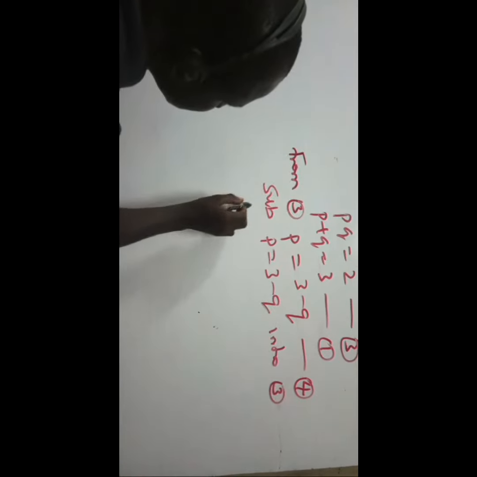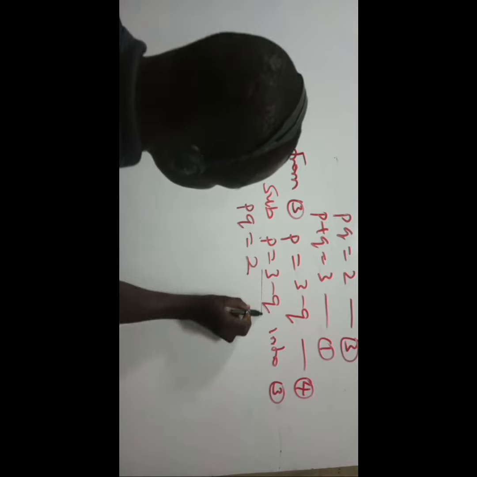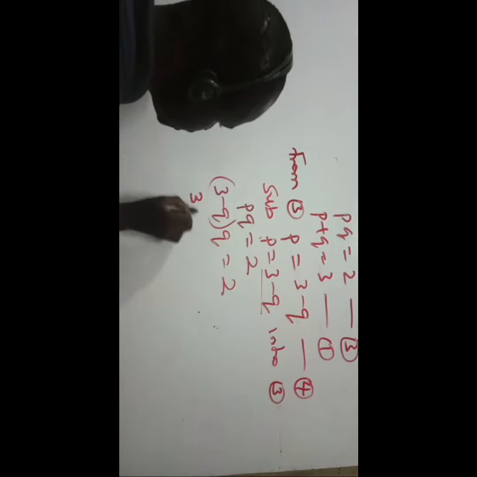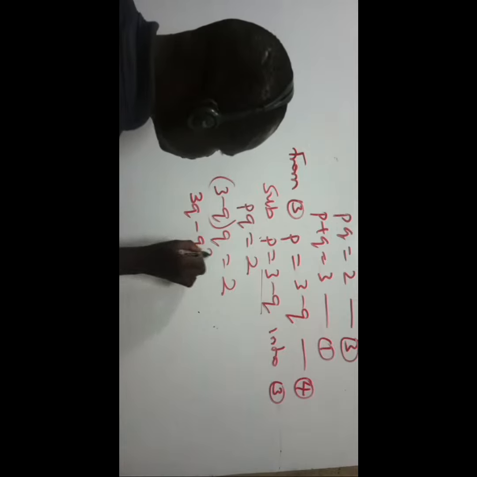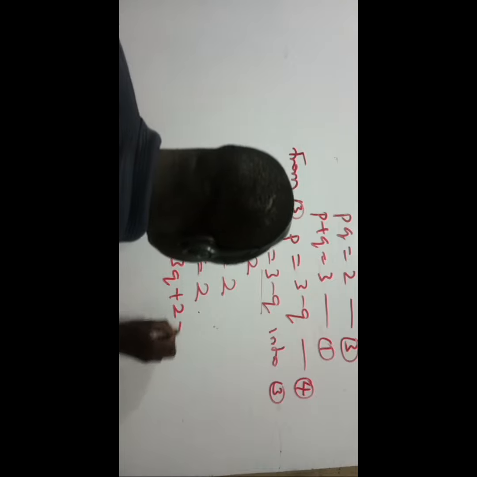If I do that, initially I have pq equal to 2. What is p now? p is now equal to 3 minus q, multiplied by q, is equal to 2. If I open up, I'm going to get 3q minus q squared is equal to 2. And of course, I can bring everything to the right hand side so that I'm going to get q squared minus 3q plus 2 equal to 0.